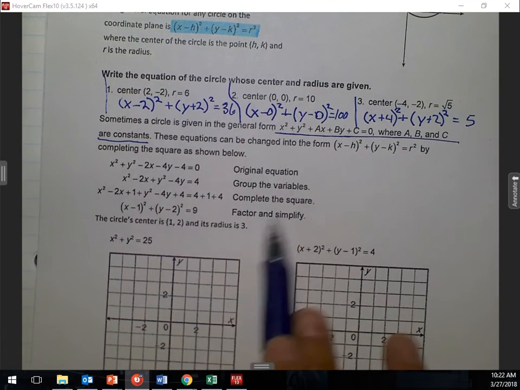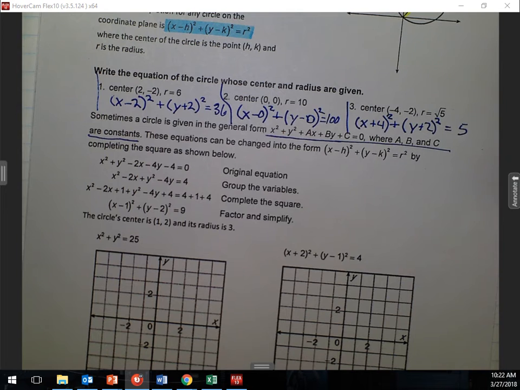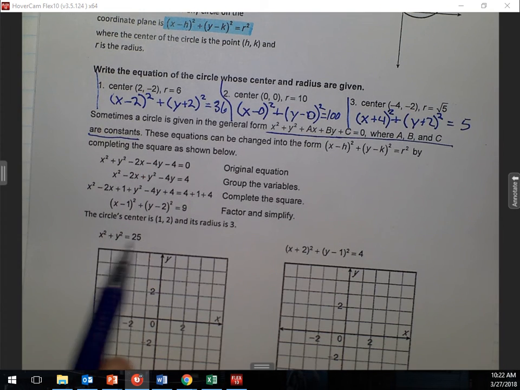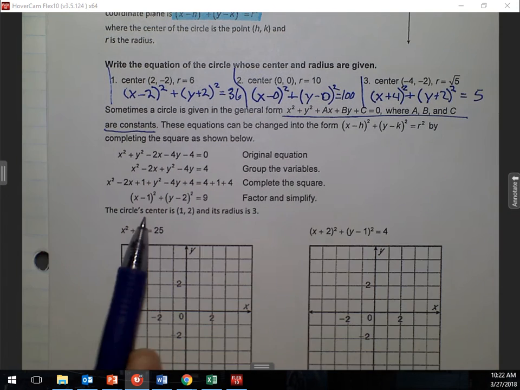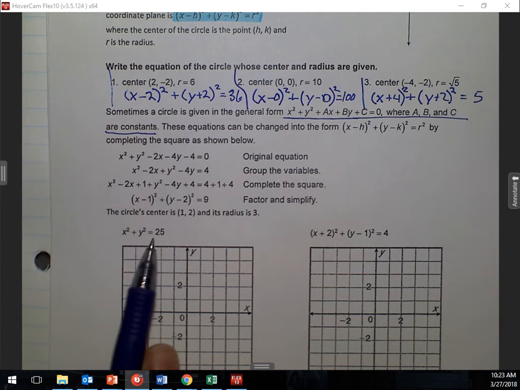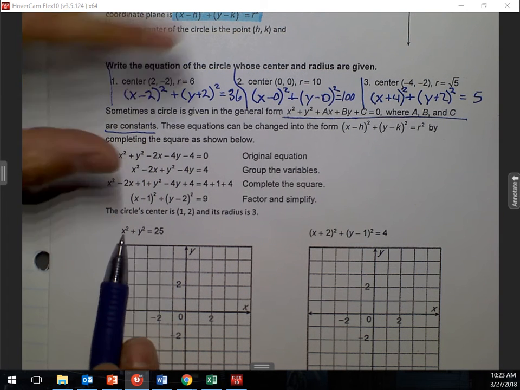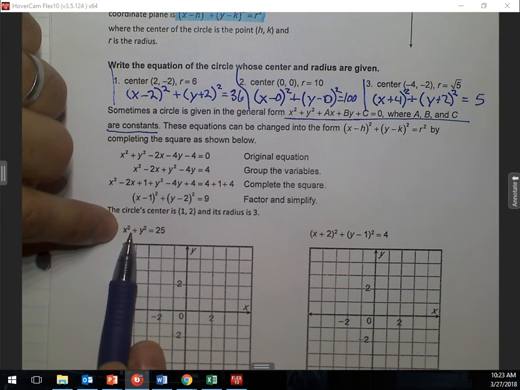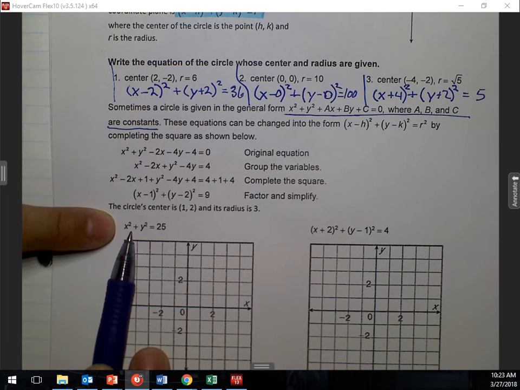So I did all this work right here showing you all the steps. Now, this one should be kind of easy. If I were to rearrange this, is there anything adding to my x value here?